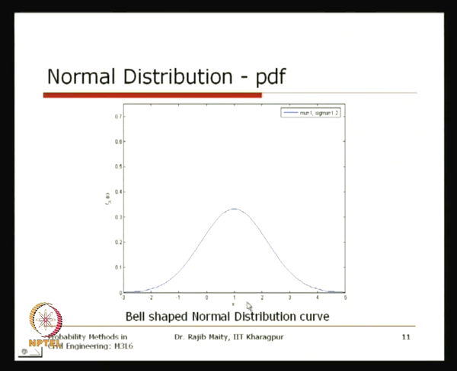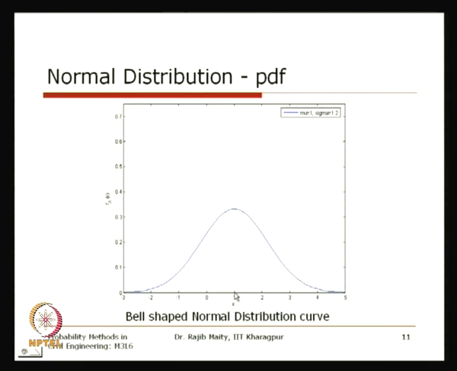Before that, we will show an example of this bell-shaped curve. The parameters for this curve are mu equals 1 and sigma equals 1.2. As the parameter mu is equal to 1, you can see that the maximum density is at this point 1.